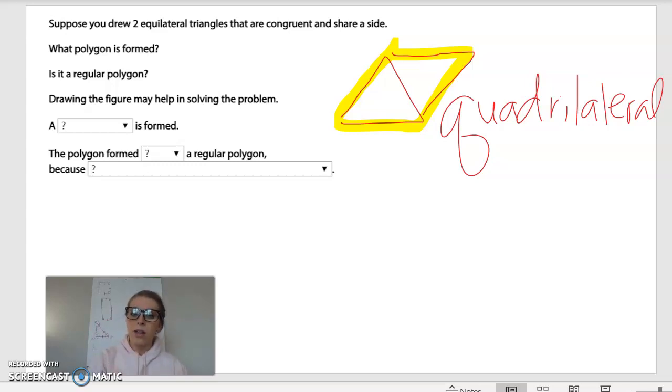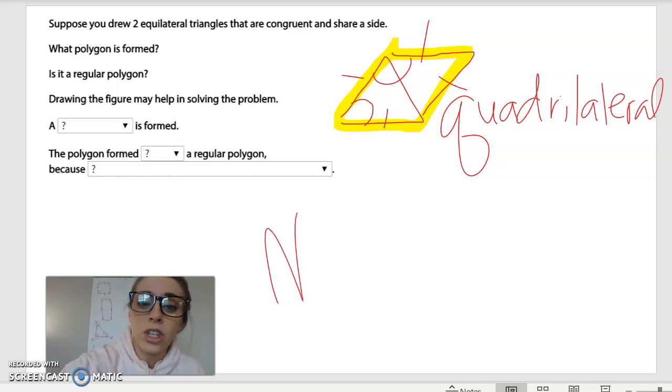So is this a regular or not regular? I'm thinking back to yesterday and I'm remembering that a regular polygon has to have all of the angles and all of the sides the same. In this case, we do have each side that is the same. But if I look here, fifth grade, I see this is a cute little angle, and this is an obtuse angle because it's bigger than 90.